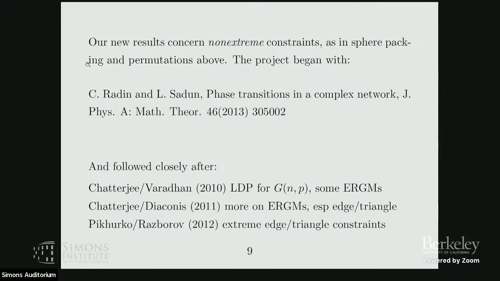The next year, there was a paper by Chatterjee and Diaconis, preprint 2011, much more on exponential random graphs, and that stuff took off. A lot of people followed up on that. But the following year was this paper, which finished off the extremal graph theory. And what our project was, starting in 2013, a year after that, was to mix these together, okay?